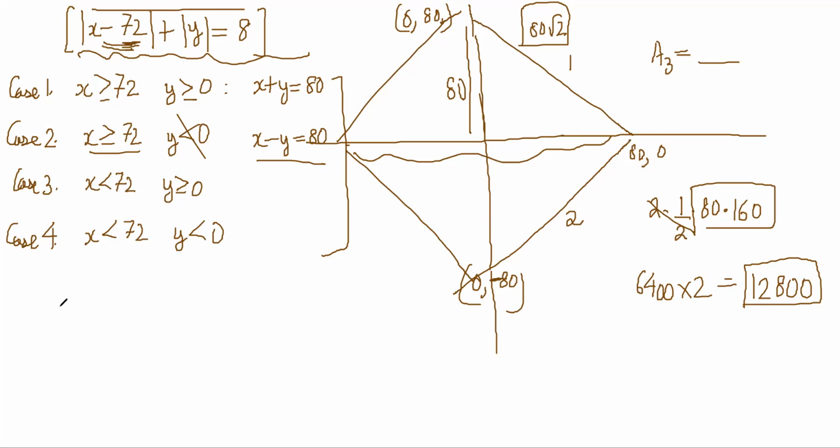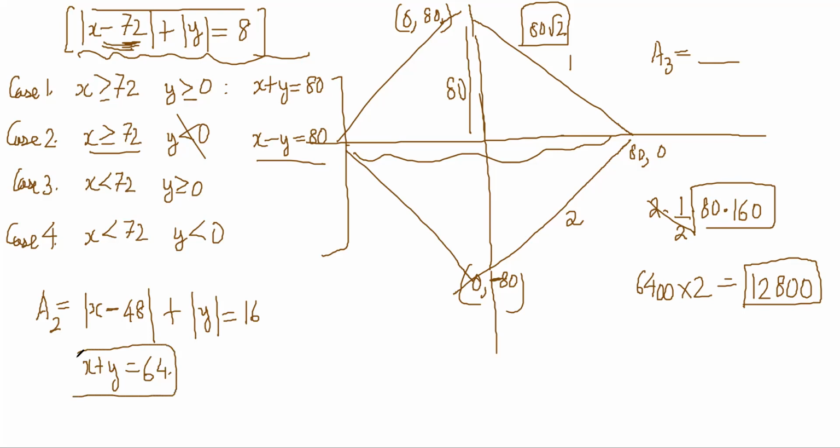If you go for say A2, it would have been x minus A2. A2 was what? 48. X minus 48 plus y is equal to B2, plus y is equal to 16, right? So that would have come, the first area there would have come x plus y is equal to 64, right?